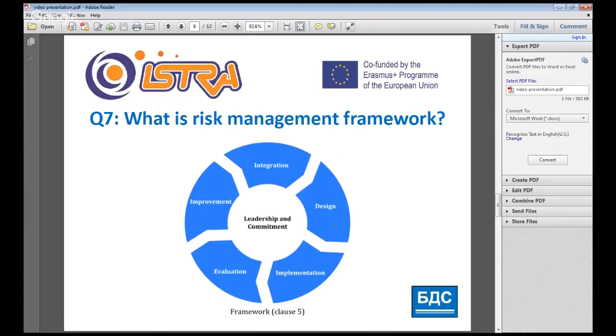And finally, integration. Integration means that the risk management policy should be aligned and become an integral part of the organization. It ensures that the risk management policy is drafted so that its implementation will lead to risk management becoming a part of the organization.